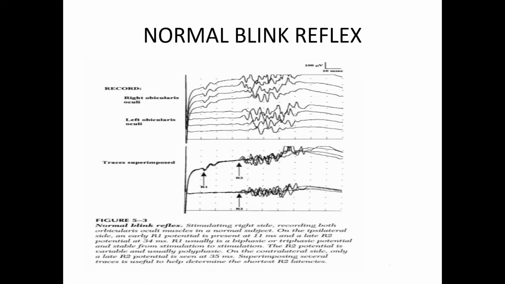Latency is 11 milliseconds. Mostly R1 latency is 13 milliseconds. Where is the R1 response? Okay, so this is the R1 response, right? Yes, ma'am. And this is the ipsilateral R2 response, and this is the contralateral R2 response.